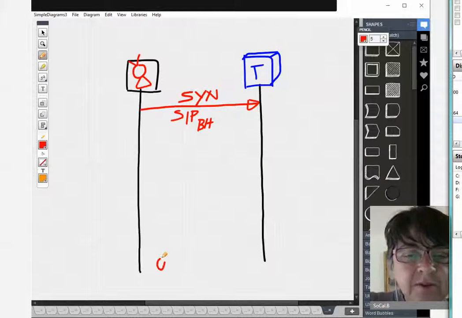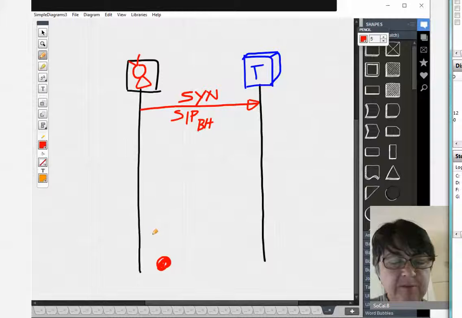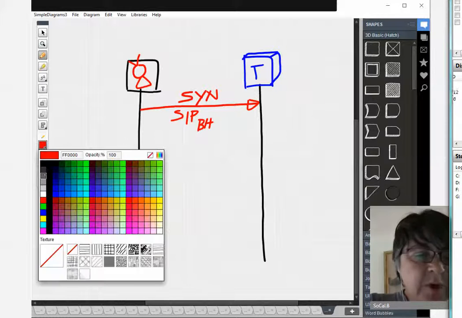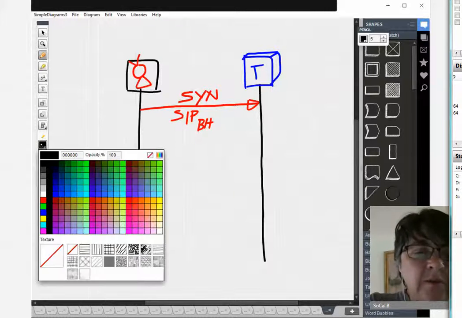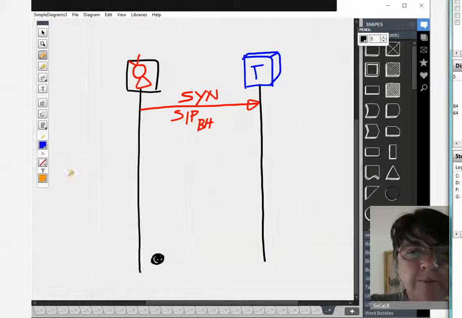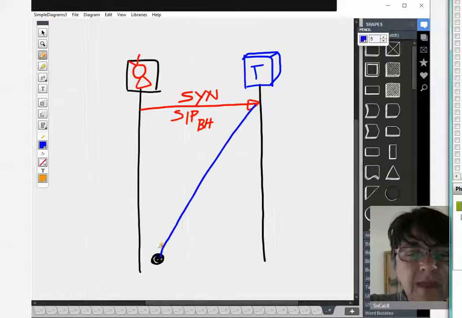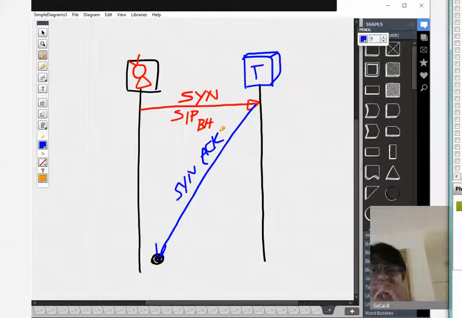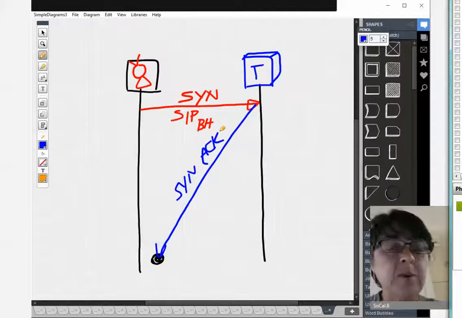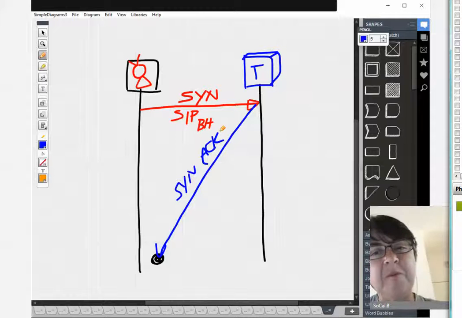So it's out here someplace. Let me make it black. So it's a black hole, so nobody's going to answer it. So if the service is open, if the port is open, the server wants to send a SYN-ACK, but it's not going to receive anything back because there's nobody there.